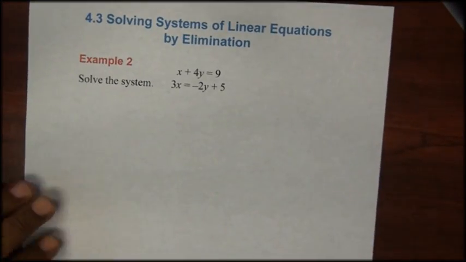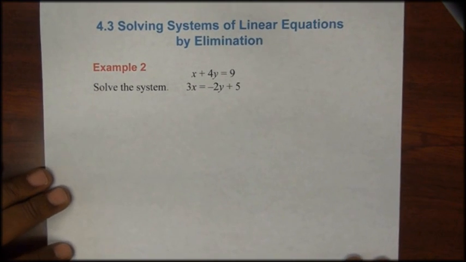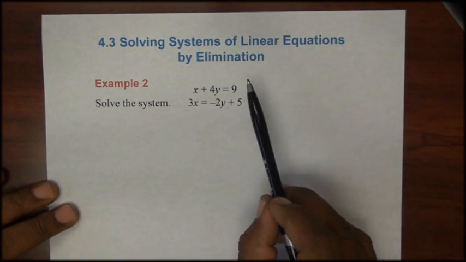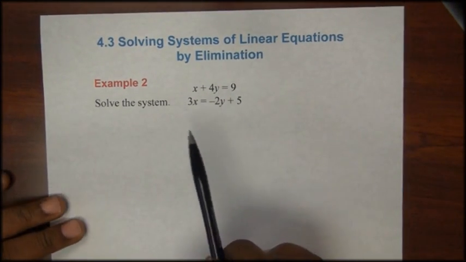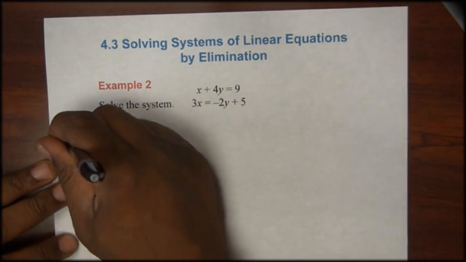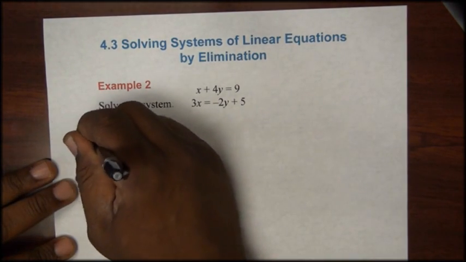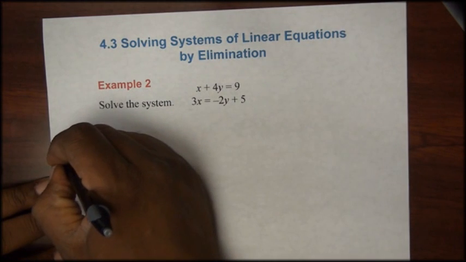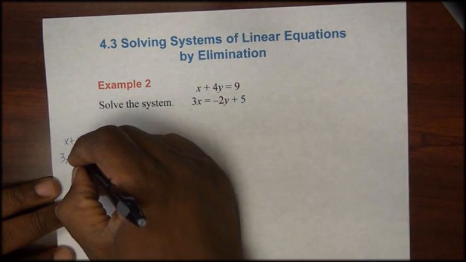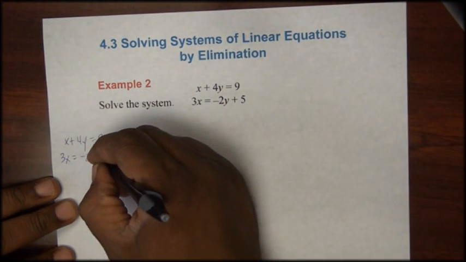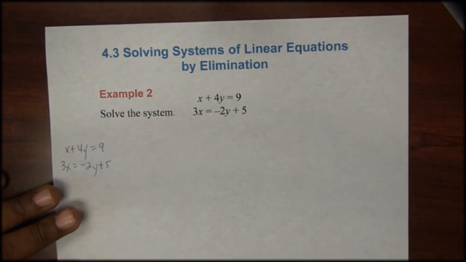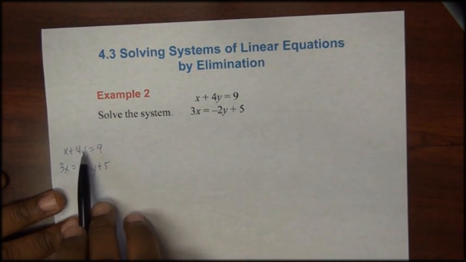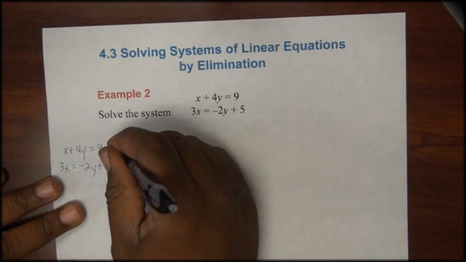Let's take a look at another example. In this example, we're asked to solve the linear system once again by elimination. x plus 4y is equal to 9, and we have 3x is equal to negative 2y plus 5. If you will remember from our steps, the very first step is to write both equations in standard form.